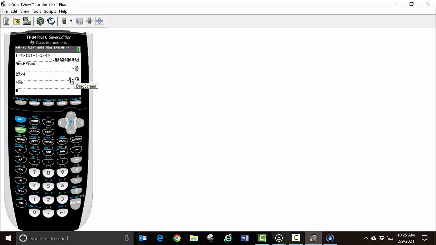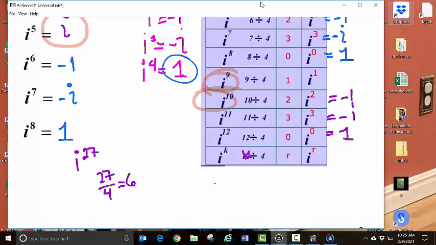So it had 6 wholes. Let's review your long division. 4 goes into 27 6 times. 4 times 6 is 24. Subtract, and you have a remainder of 3.